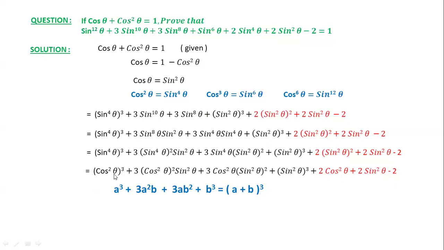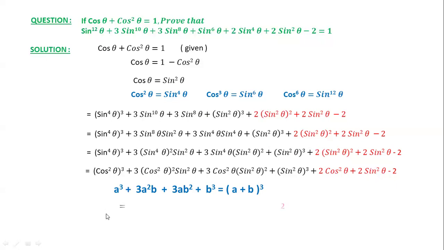So cos square theta is a and sine square theta is b. So it is a cube plus 3a square b plus 3ab square plus b raised to 3, minus this plus this.